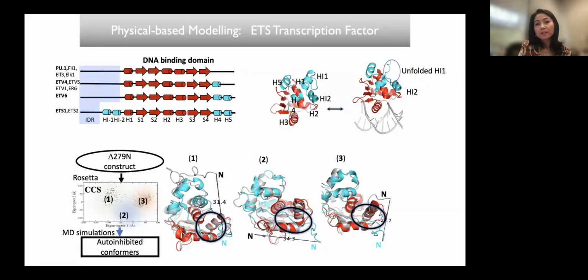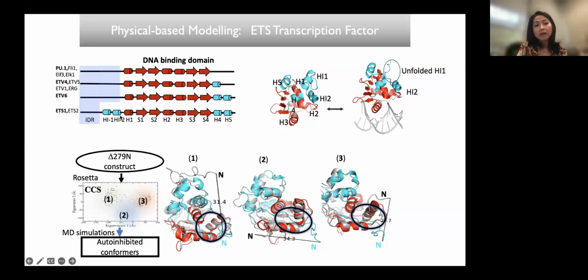For the physics-based model, take the transcription factors. Most of the transcription factors belong to the ETS family domain. They have two parts: one is the DNA binding domain, and the other is the disordered part. This disordered part often comes and binds to interact with the DNA binding part, therefore the term autoinhibition.